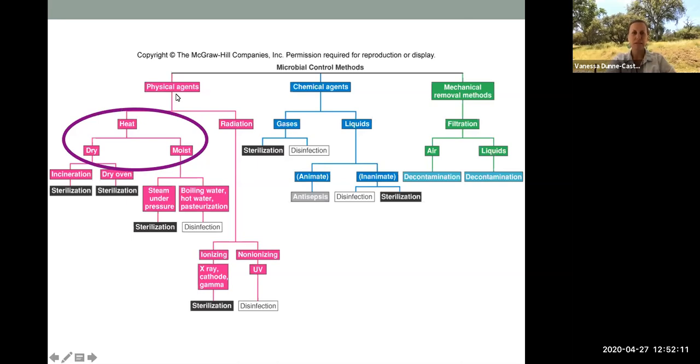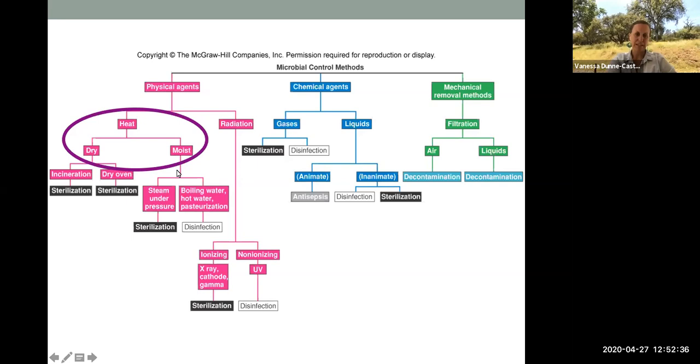Let's start here over on the side with physical agents with heat. So again, there are two different types for microbial contamination. That would be heat or radiation. For heat, you could be using dry heat or moist heat, and dry heat would be variable depending upon the temperature. So incineration would be one level, a dry oven would be another, depending upon the particular thing that you were trying to clean.